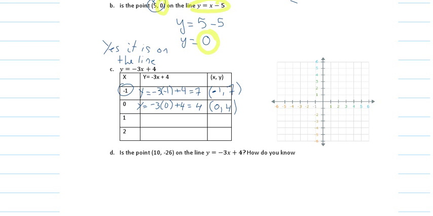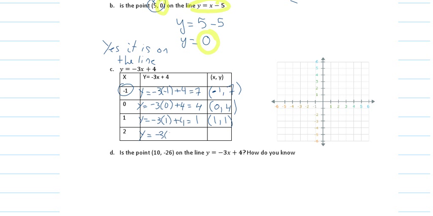Then my next one is going to be -3 times 1 plus 4. What's -3 times 1? -3 plus 4? Positive 1. Yeah. So the answer is going to be (1, 1). 1 for the x, 1 for the y. And then negative 3 times 2 plus 4.